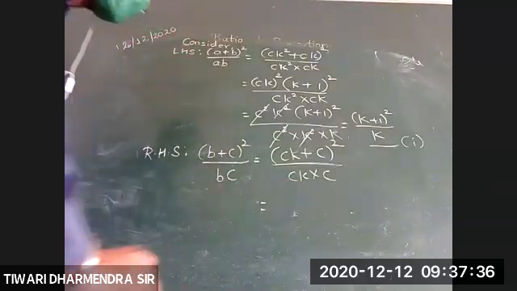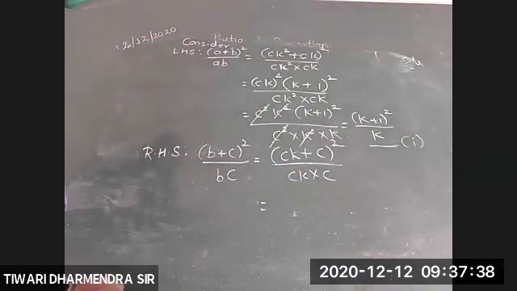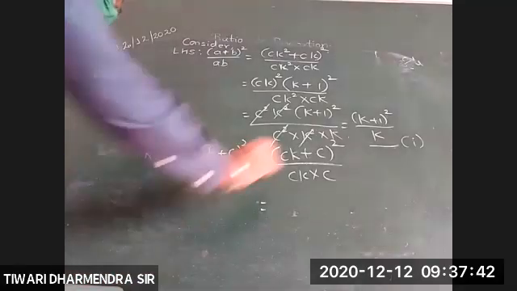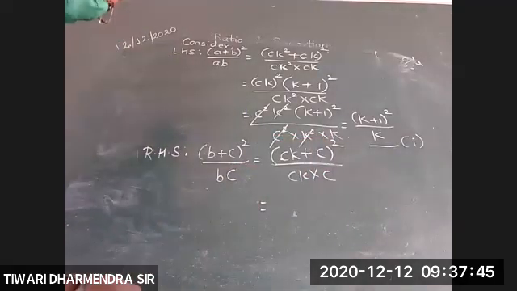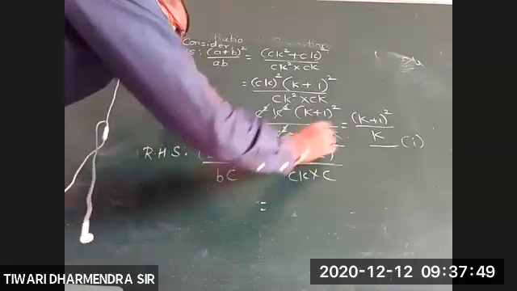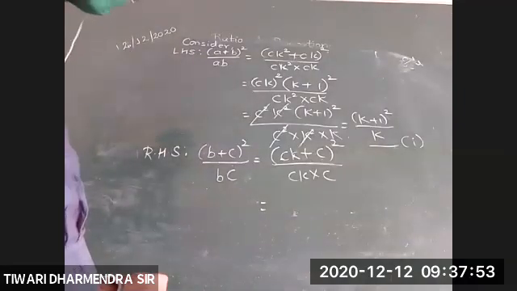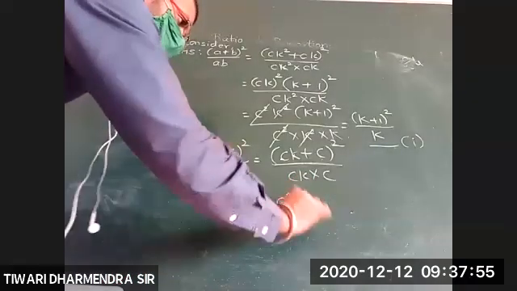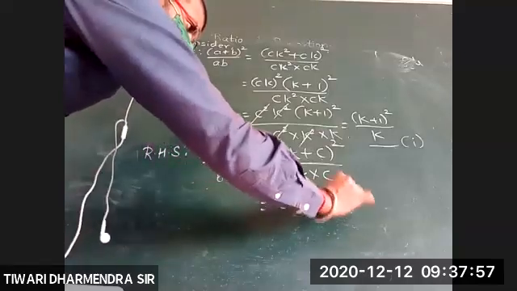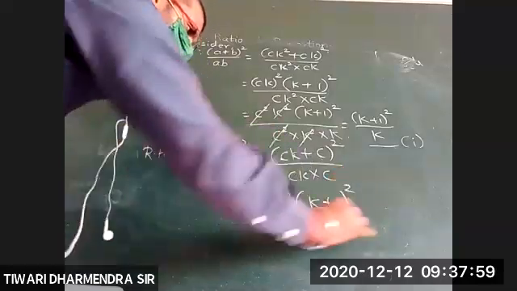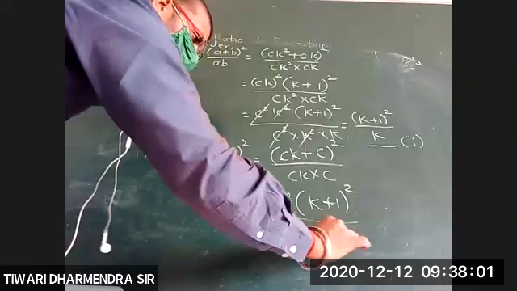So this is equal to what we can take as common in numerator. As you can see, c is present in both the terms, so we can take common c. Since in power we are having square, when c comes out, it will take a form of c square, k plus 1 the whole square divided by c square into k.